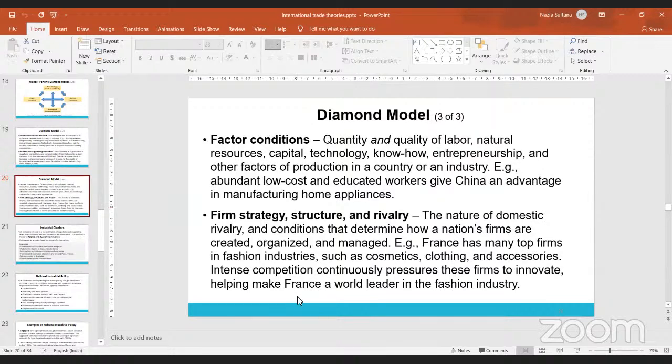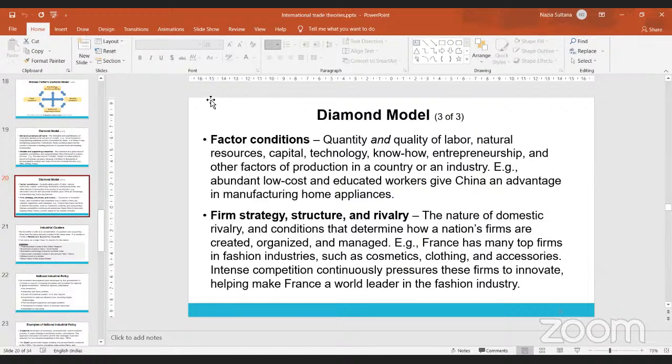Second thing to remember in Michael Porter's theory is what the firm is, what strategy they have, what structure they have, and what kind of rivalries there are. Domestic rivalry and international rivalry of firms are different. Within your country, you're competing with other firms in the same environment. When you leave it, you are exposed to a larger environment beyond your control.